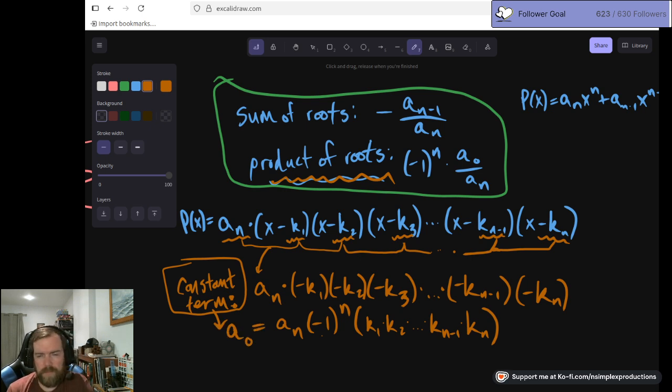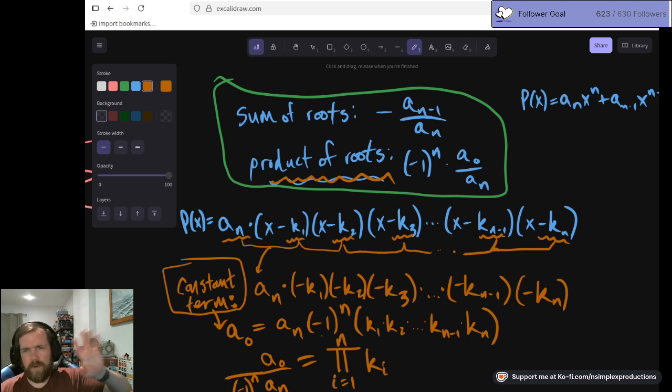Okay, now we divide through, and we get that the product of all of our k sub i's, where i goes from 1 to n, is going to be equal to a sub 0 over a sub n times negative 1 to the nth power. Whether that's on top or on bottom doesn't really matter. Multiplying by a negative number anywhere isn't going to change it.